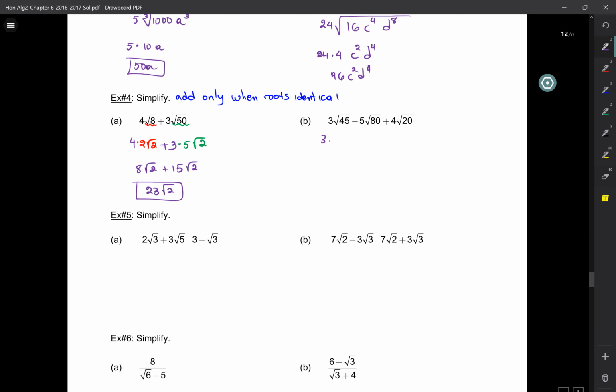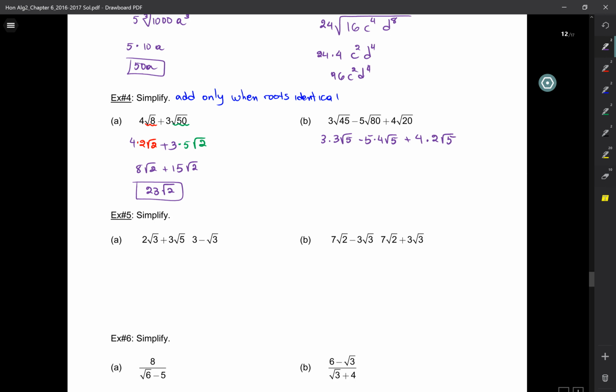You have 3 times root 45, which is what? 3 root 5 minus 5 times what's 80? So it's 4 root 5 plus 4 times what's 20? 2 root 5.